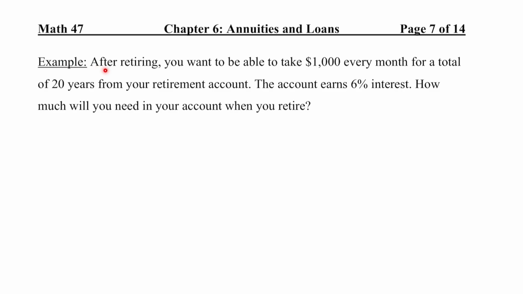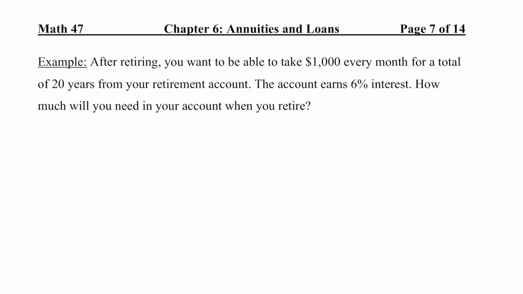Example: after retiring, you want to be able to take $1,000 every month for a total of 20 years from your retirement account. The account earns 6% interest. How much will you need in your account when you retire? I am now planning for my retirement.